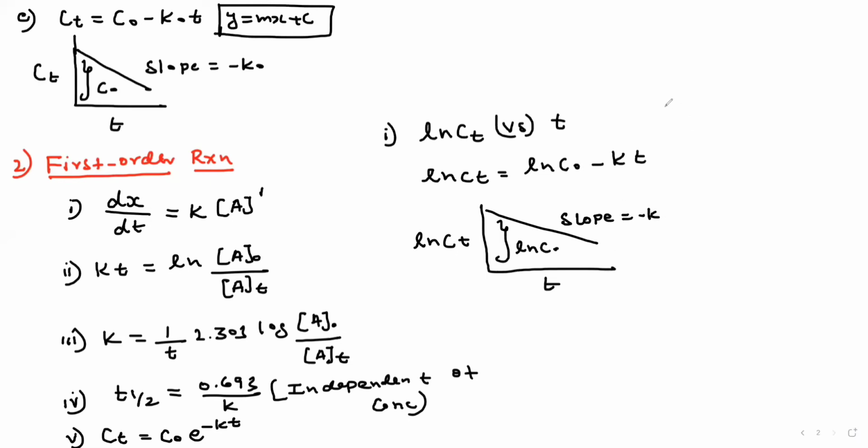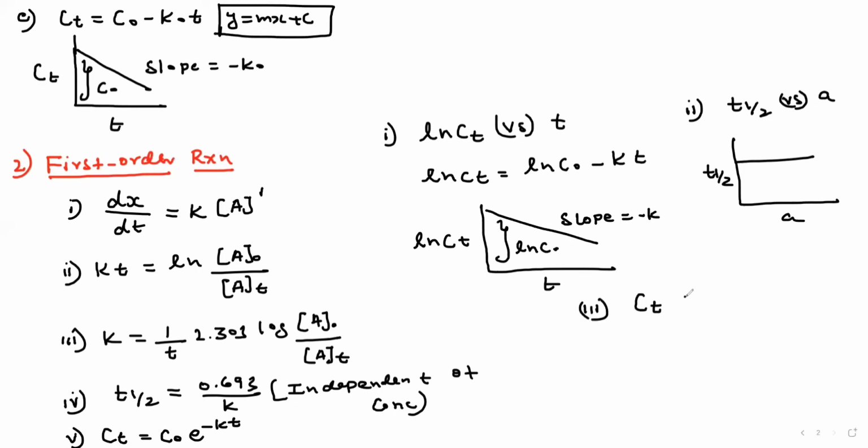Okay, the second graph. Now see. Second graph, the t half versus concentration. Now you know very well the first order reaction is independent of concentration, right? Therefore, what? A constant graph. Here t half versus concentration, I put what? The constant graph. Very important. And the third one is very, very important. That is Ct versus time.